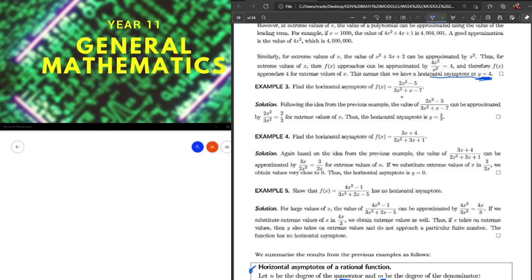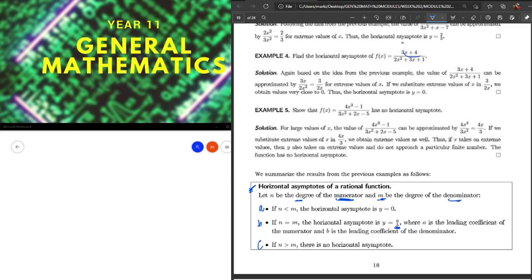And the denominator is also 2, so they are equal. Again, we refer to letter B. The leading numerical coefficients are 2 over 3. So that is our horizontal asymptote. Okay, let's have example number 4.